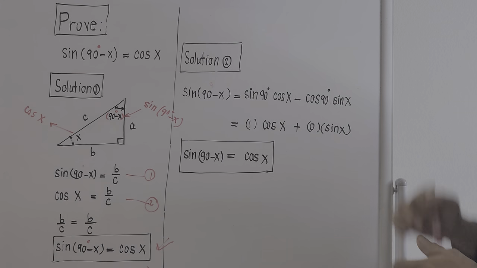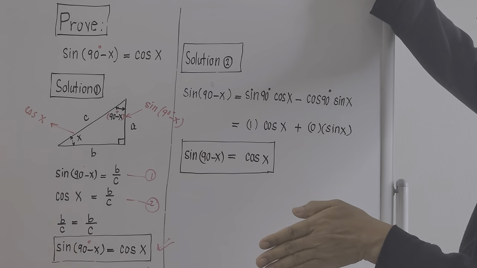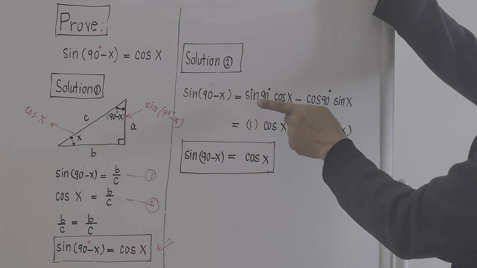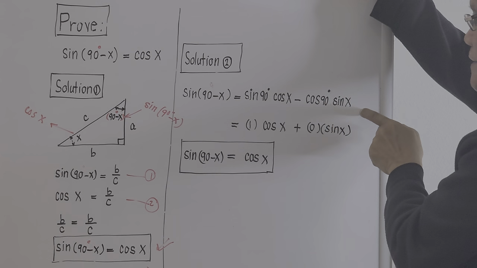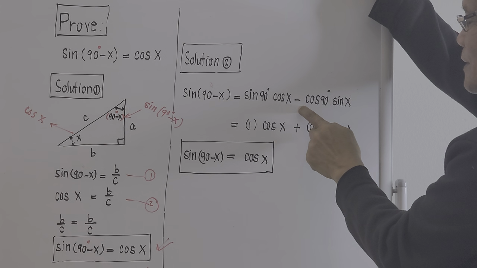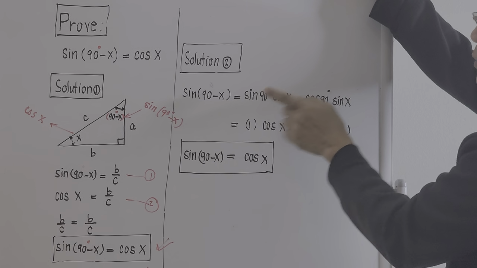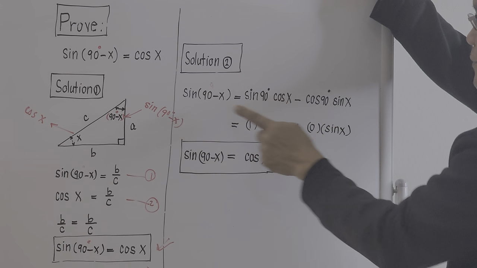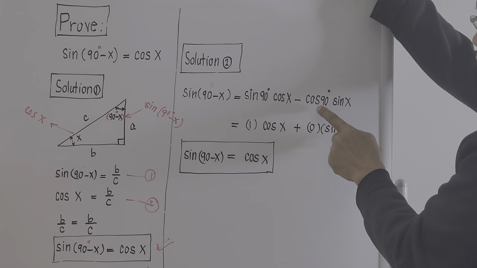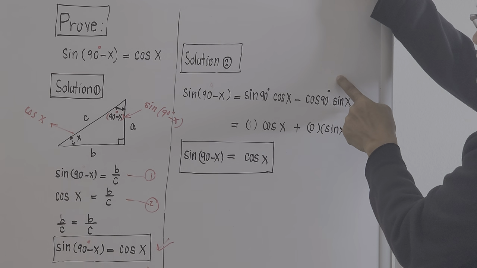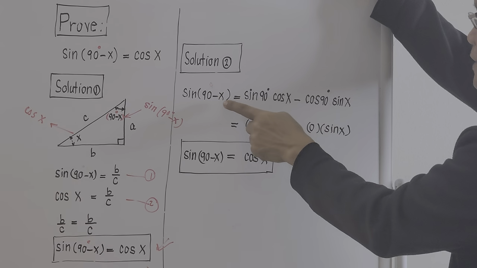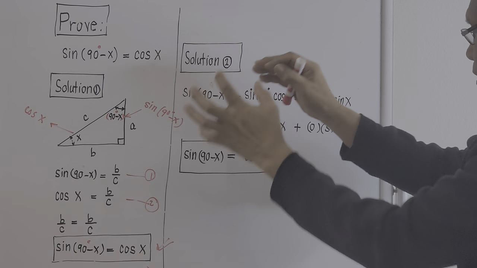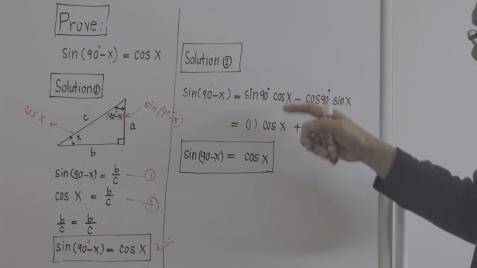If we expand this using the sine of the difference of two angles, it will be sine, cosine, minus cosine, sine. Meaning it will be the sine of the first angle times the cosine of the second angle, x, minus the cosine of the first angle, 90 degrees, times the sine of the second angle, x. If we simplify the right hand side, sine of 90 degrees is 1.